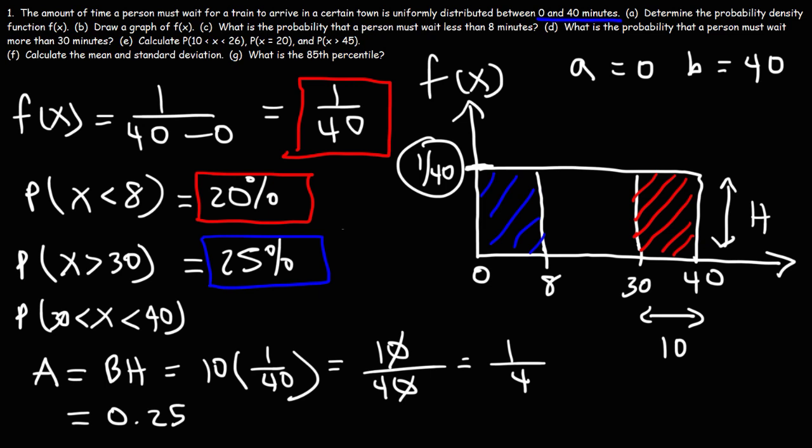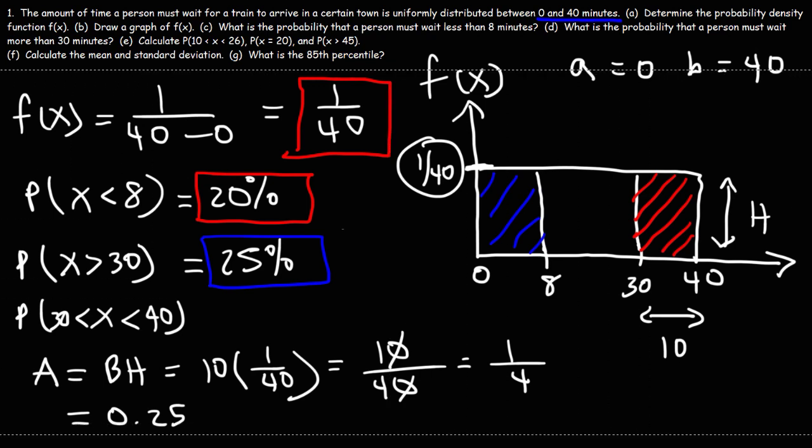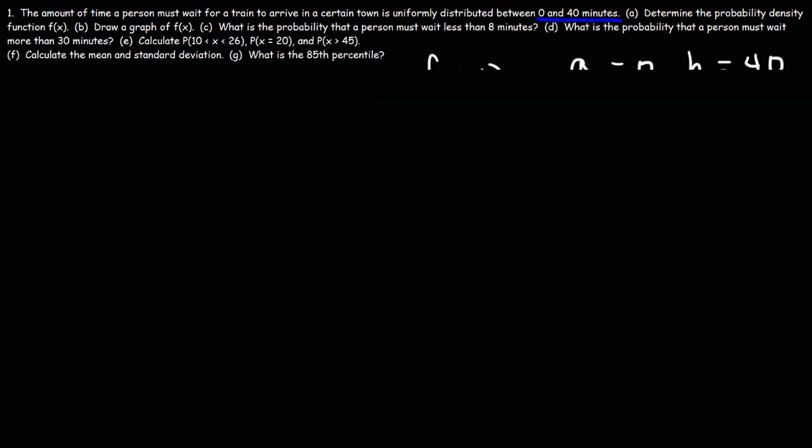Now let's move on to part E. So calculate the probability that x is between 10 and 26, or the probability that a person must wait between 10 and 26 minutes for the train to arrive. So what we're going to do is create a new graph, since that one has been used so extensively.